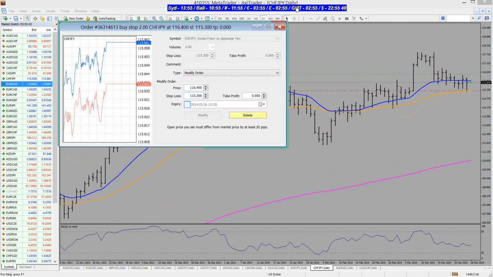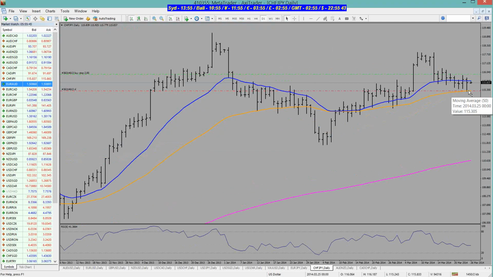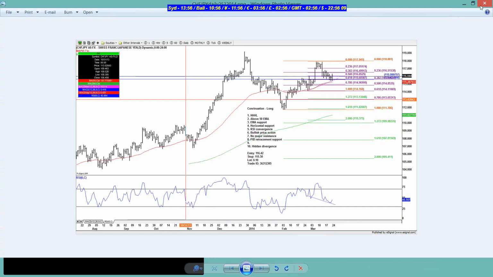I have to readjust that order. Moving that stop down to there is going to increase your risk, so you need to reduce your lot size. Yeah, it's a lower high, lower low, but there's still clear buyers. But if today's bar is another lower low, then you might pull that out and not place it or cancel the order. So that's all good.